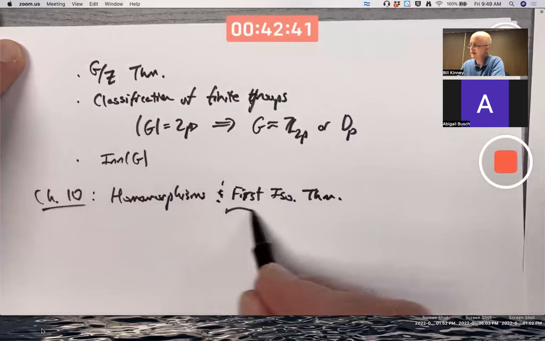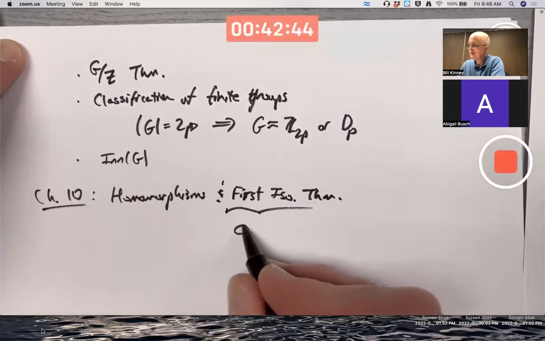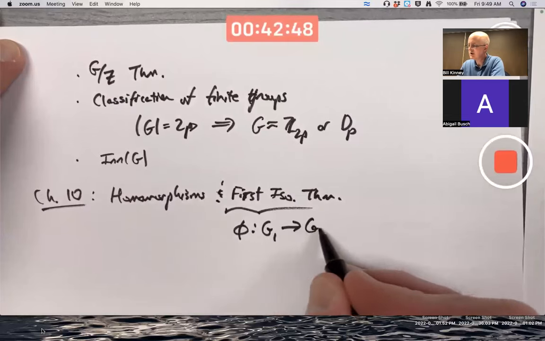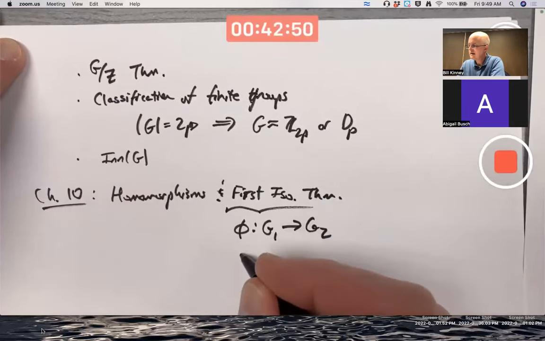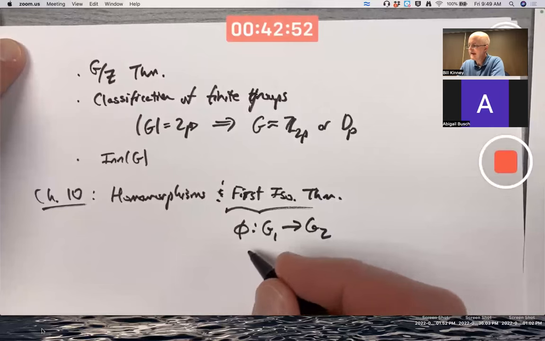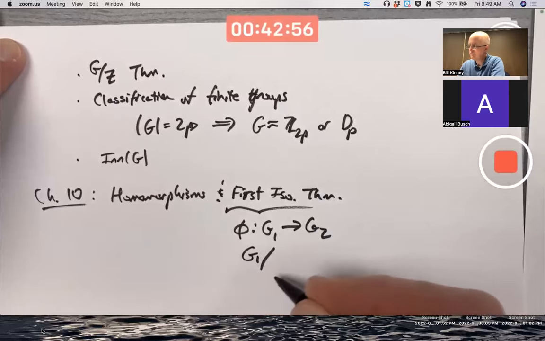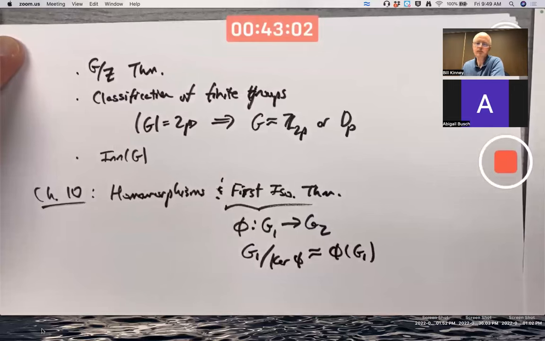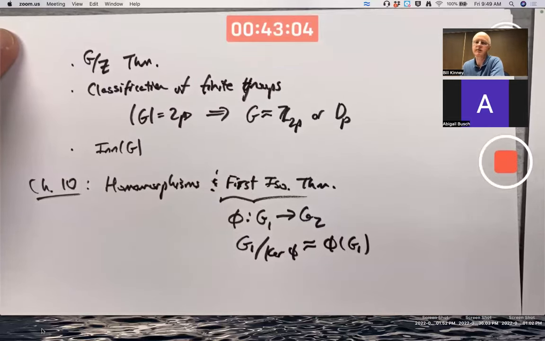First isomorphism theorem: when you've got a homomorphism from G1 to G2, then the factor group of G1 by the kernel of phi is isomorphic to the direct image of G1 under phi. And if phi is onto, then it means it's isomorphic to G2.